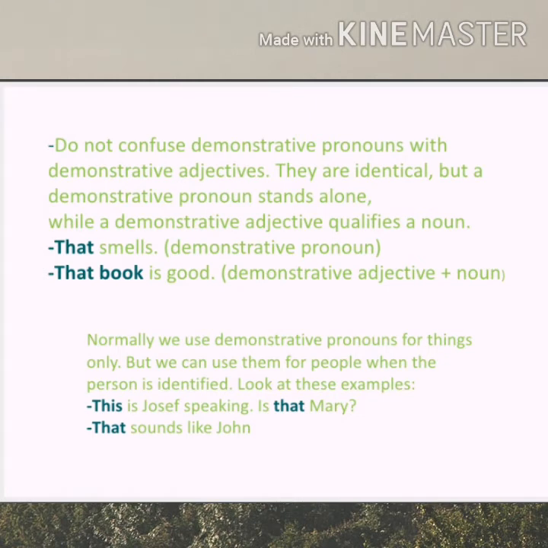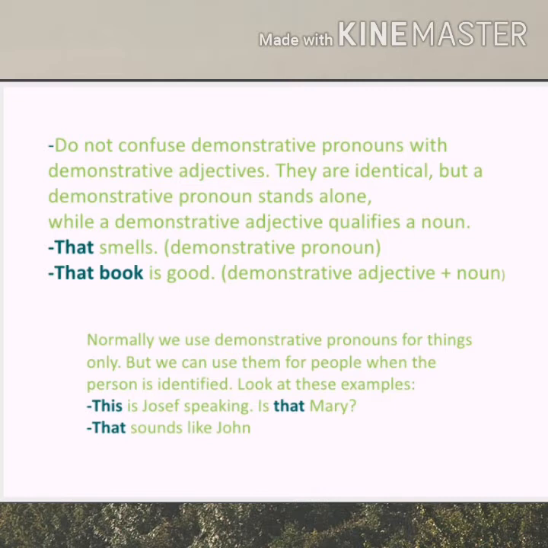Do not confuse demonstrative pronouns with demonstrative adjectives. They are identical, but a demonstrative pronoun stands alone, while a demonstrative adjective qualifies a noun. Here, in the sentence "that smells," that is an example of a demonstrative pronoun. And in the next example, "that book is good," that is an example of a demonstrative adjective.